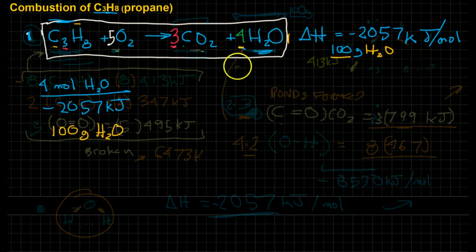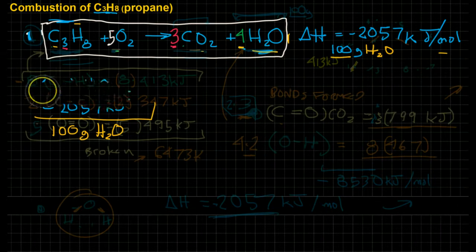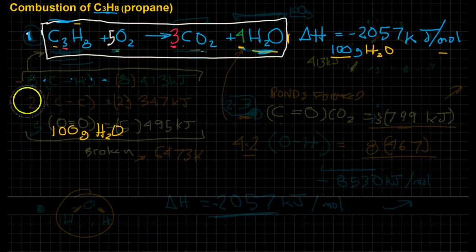Well, I know there are 4 H2O moles per every 2057 kilojoules of energy released in this reaction, but I would really want to know it for, let's just erase that part here. It's getting confusing, okay? I want to know what it is for this 100 grams of H2O. So I'm going to draw this little line right here because it just helps me to think better, okay?